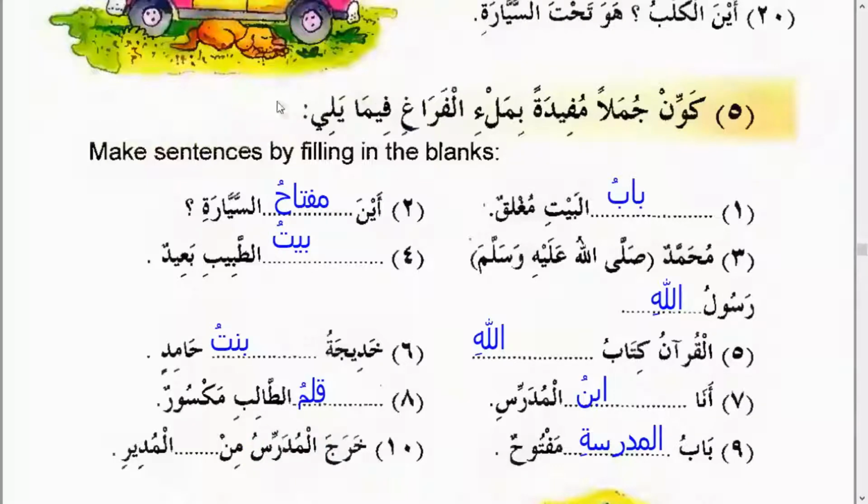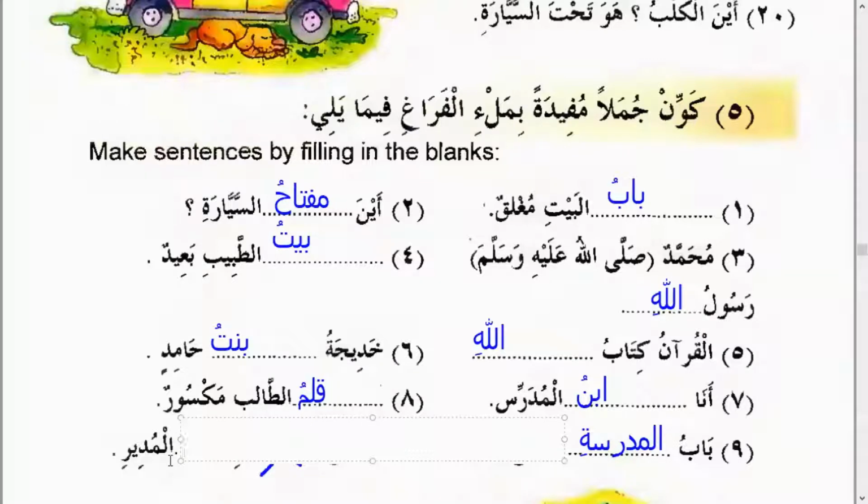Because sometimes it's hidden. So if this was not there, we would translate it as mustatir and say the fa'il is mustatir, and translate it as he came out from the room. Min ghurfatil mudiri. So this is the ghurfa. Ghurfa is the room. Ghurfati. Why is it ghurfati? Because of the preposition before it.